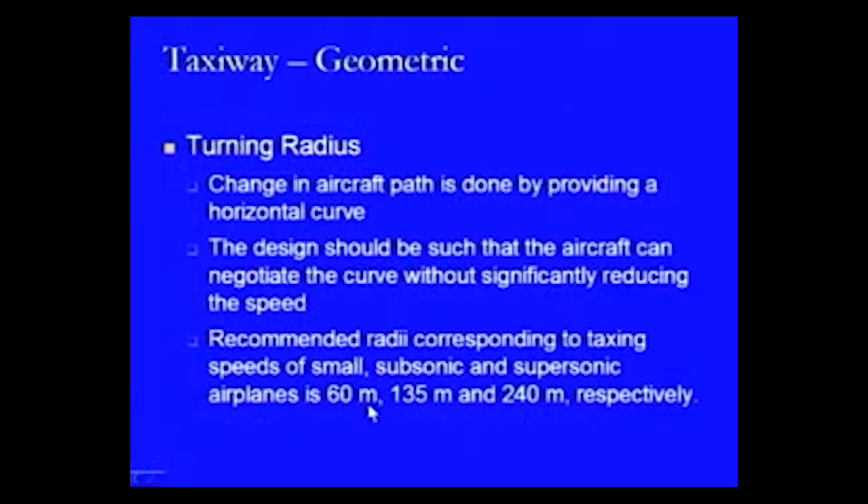The recommended radii corresponding to the taxiing speeds of small, subsonic and supersonic airplanes are 60 meters, 135 meters and 240 meters respectively. If the planes have a speed less than 1 Mach, it is 135 meters, but if the speed of the plane is more than the Mach number, then it is 240 meters.